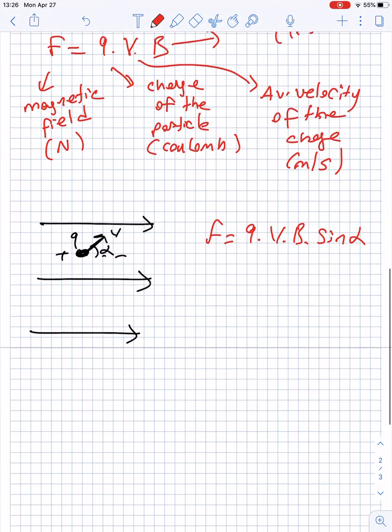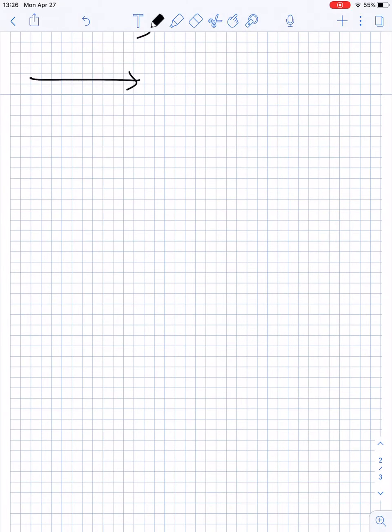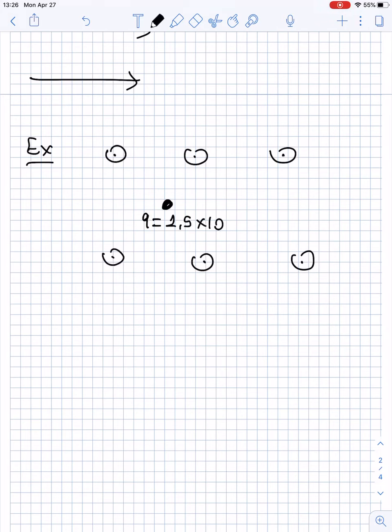Okay, let's solve exercises. This is our first question. In a magnetic field with direction out of the page, we have a charge, Q is equal to 1.5 times 10 to the power minus 6 coulomb, the velocity is in the positive direction and 700 meter per second, and the magnetic field B is 8 times 10 to the power minus 5 Tesla.